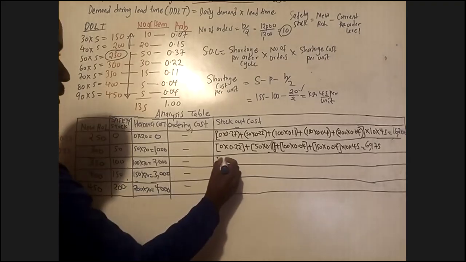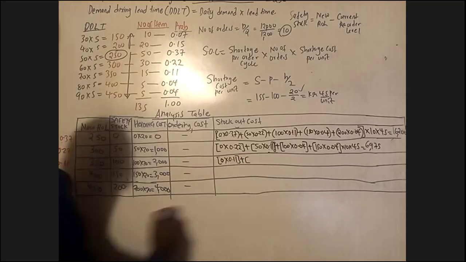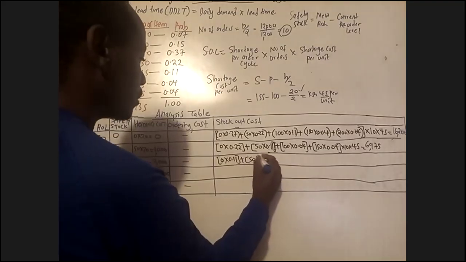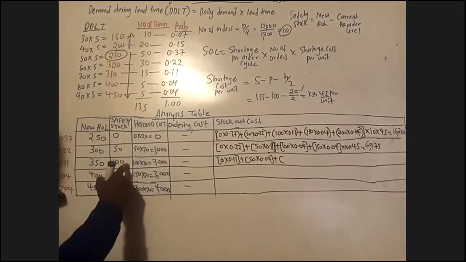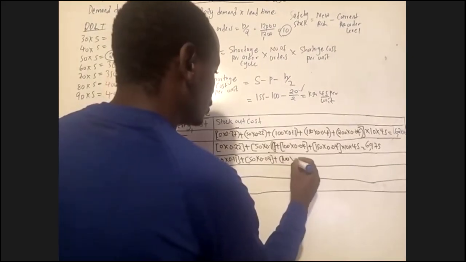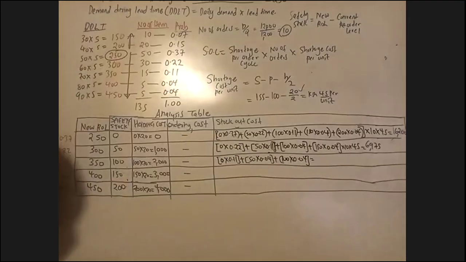Itakuwa ni 0 times 0.11 plus 50 times 0.04 plus 100 times 0.04. Na hiyo itakuja ngapi?